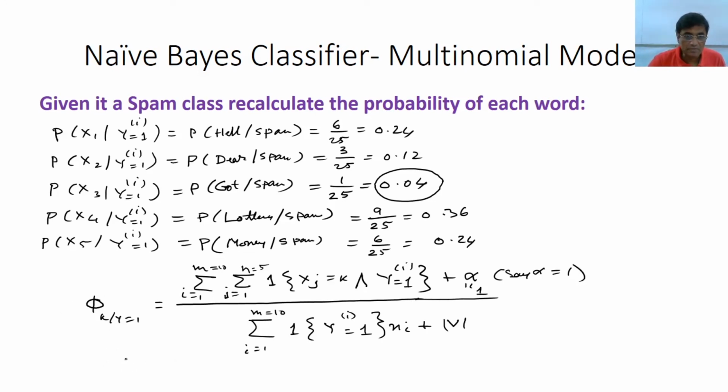And prior probability also we can calculate, equal to C equals to 1. So I will not write it down here.